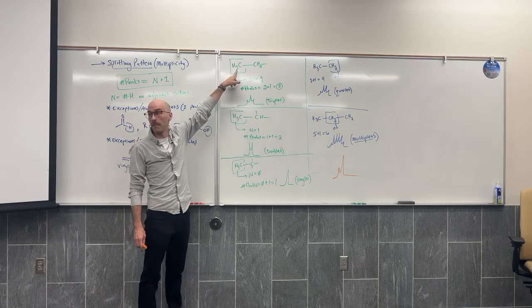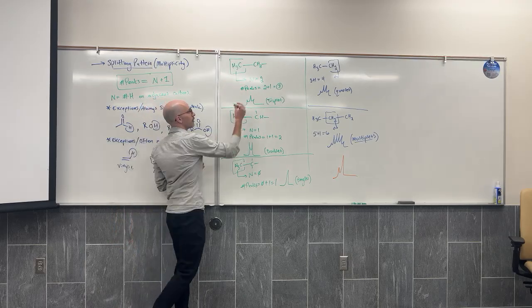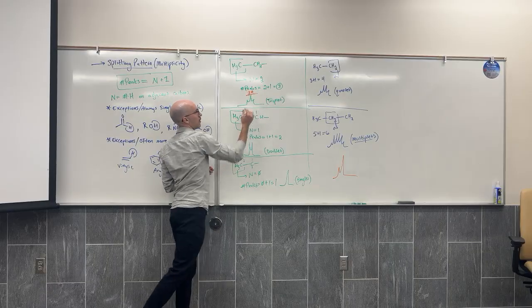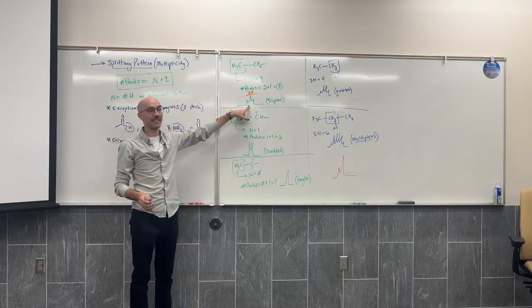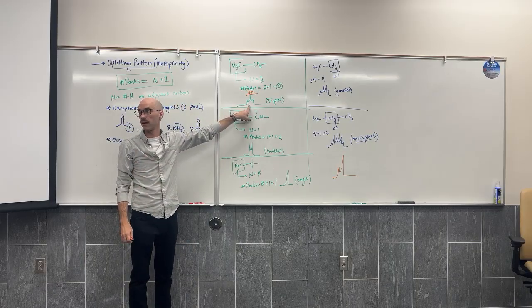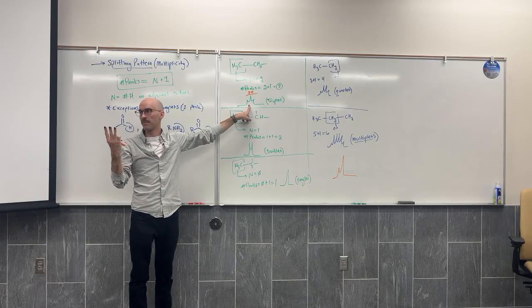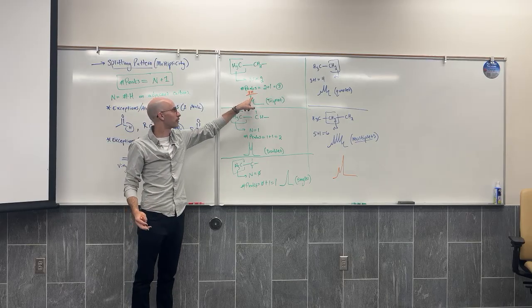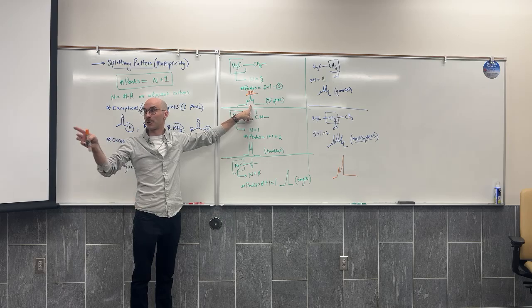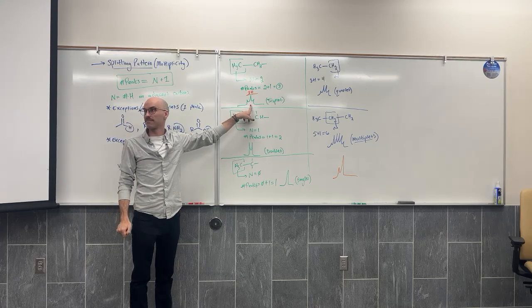Yeah, we're looking at the methyl group's signal. And why is it a triplet? The number of hydrogens on the adjacent carbons. Because there are 2 neighbors. Not because there are 2 peaks. It's a triplet because there are 3 peaks. Triplet means 3. Oh, I was looking at it, 1, 2, 3. No. It's a triplet because there are 2 neighbors.